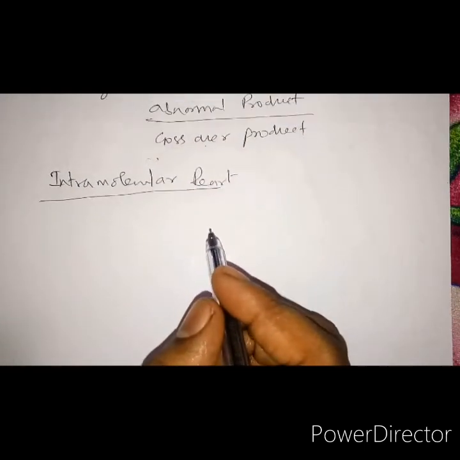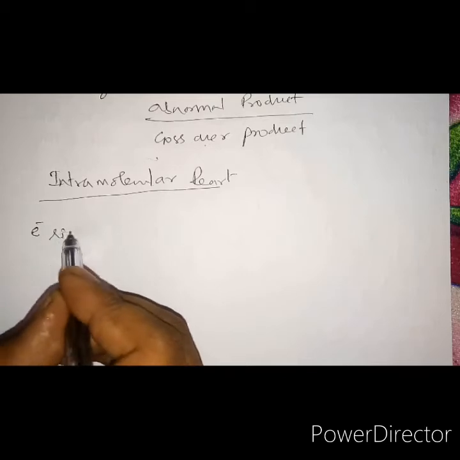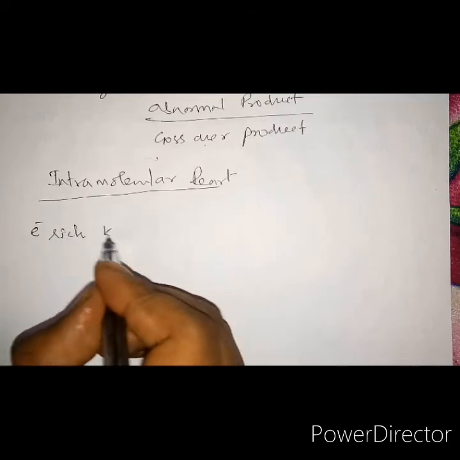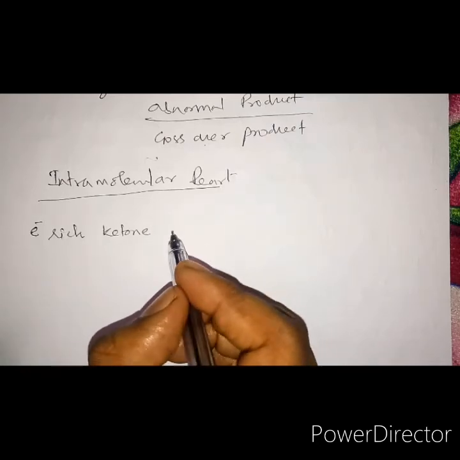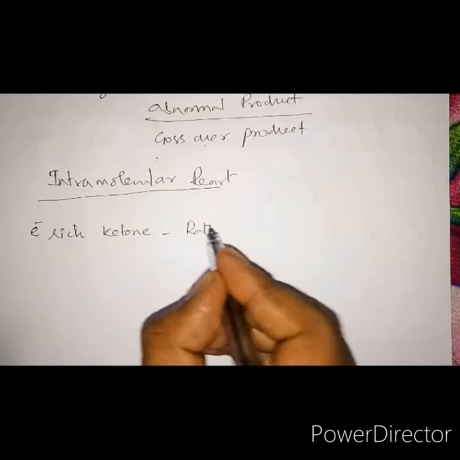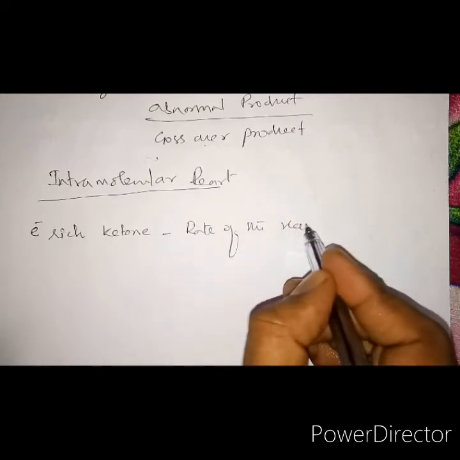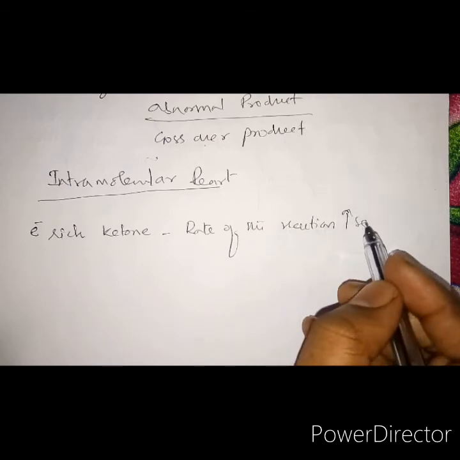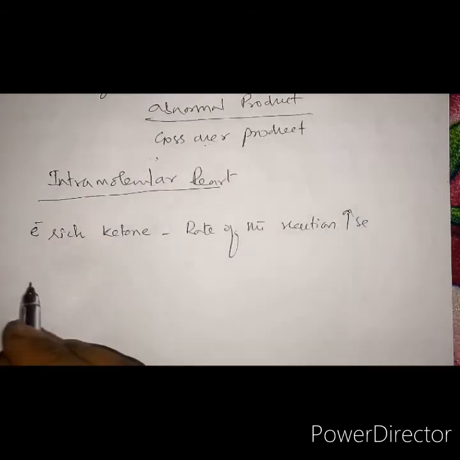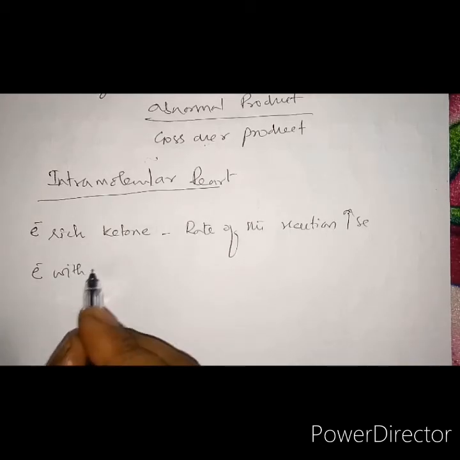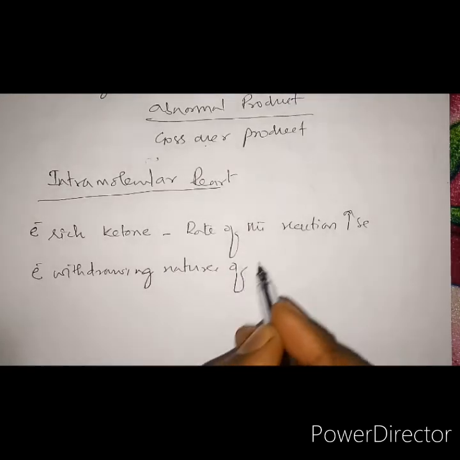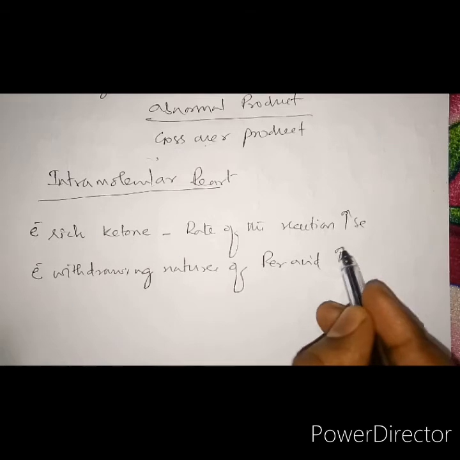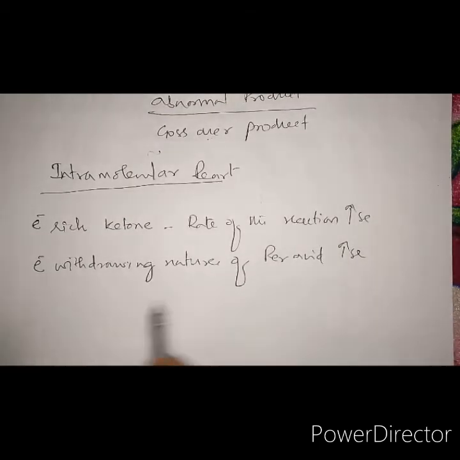Another thing that we can note down here is that an electron rich ketone will undergo the Baeyer-Villiger oxidation very easily. The rate of the reaction increases as the electron donating nature of the ketone increases. Similarly, as the electron withdrawing nature of the peracid increases, it also increases the rate of the reaction.